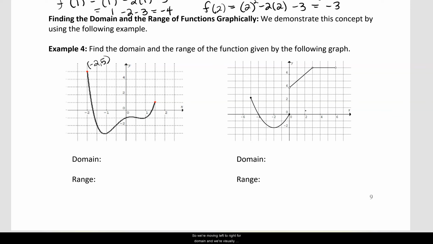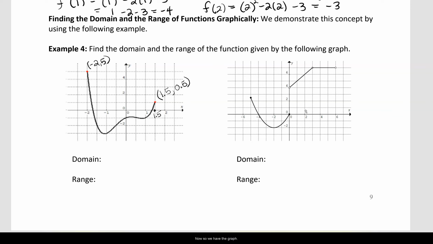So we're moving left to right for domain, and we're visually scanning up and down to see if we're still hitting our graph. As we move to the right, right here, that's where the graph stops, and it matches up to the point 1.5 on the x-axis. So this particular graph stops when x is equal to 1.5, 3 halves, and the y value is at 0.5 or 1/2.